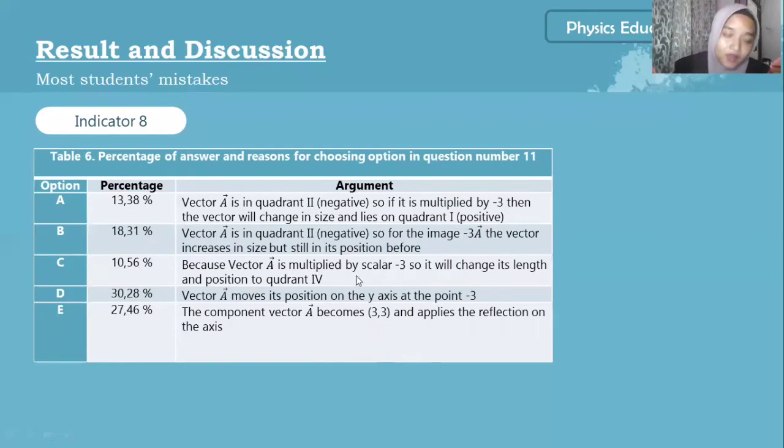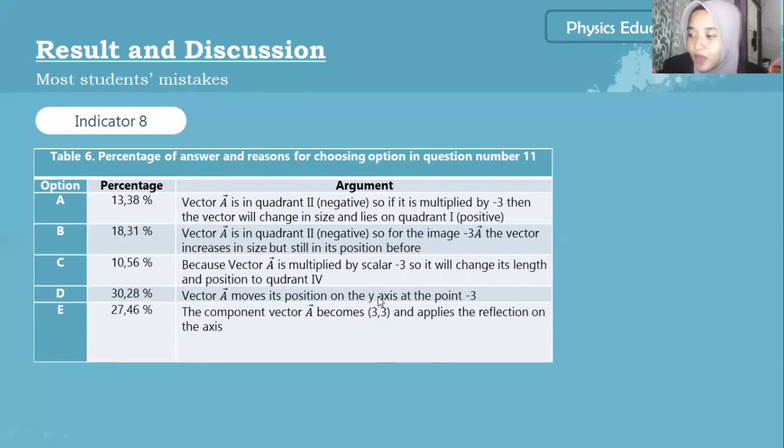In this case, the right option is C, but this is the one least chosen by students. Why? Because of this argument, they said that vector A moves its position on the y-axis to the point -3. Why did they choose the wrong answer?